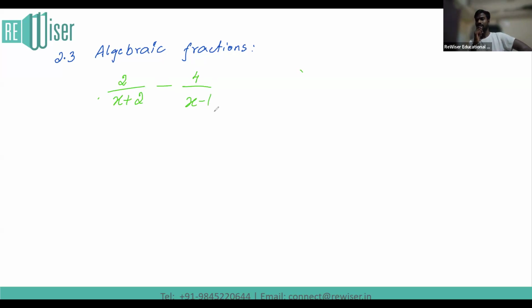So if I have some fraction, something like this, these are known as algebraic fractions. So this 2 over x plus 2 is one algebraic fraction and 4 over x minus 1 is another algebraic fraction. So now we have to think about simplifying this one.